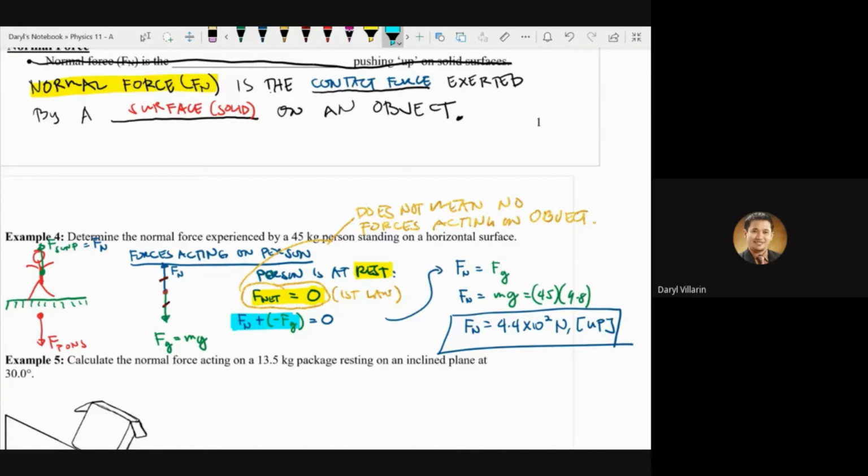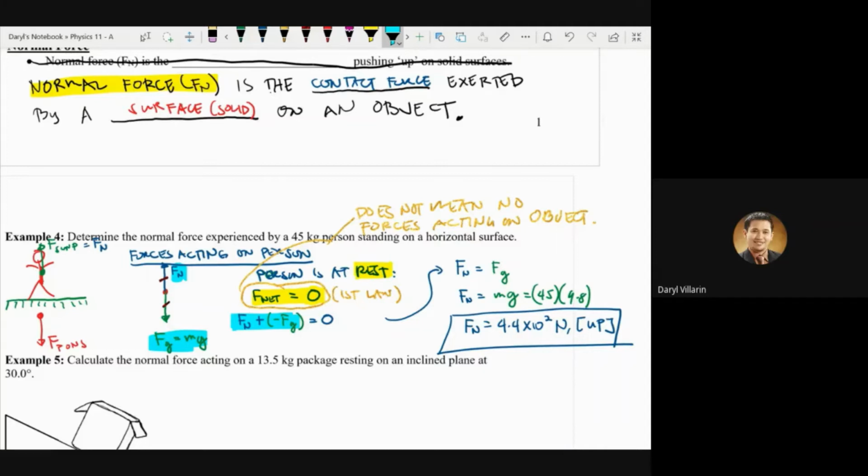So when you say that net force is equal to 0, this is an example, that's why I show it this way. It does not mean that you don't have any forces acting on the object. You actually have two. It's just that when you take the algebraic sum of your forces, it gives you 0.